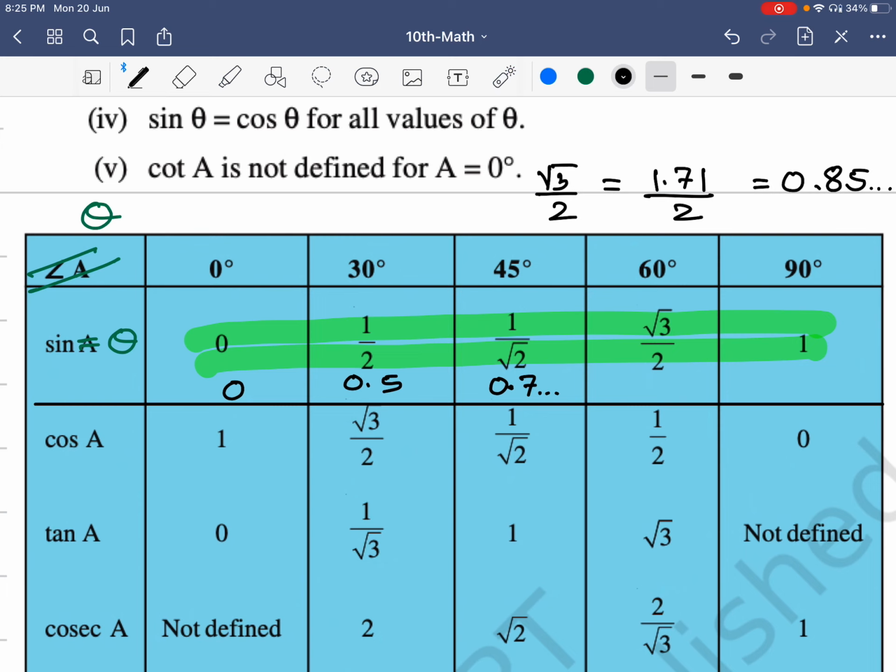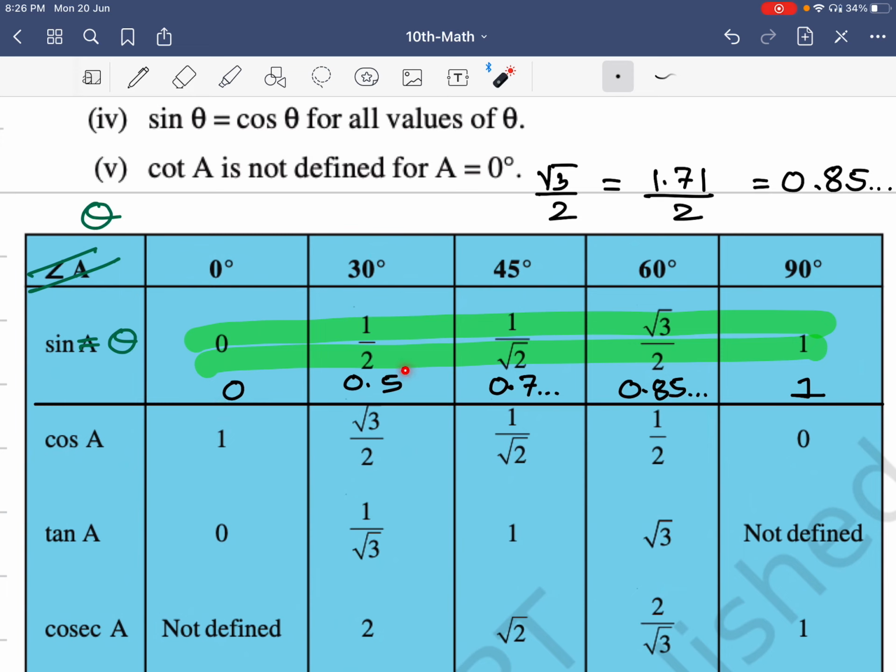From the first decimal digit itself we can conclude. So let me make a note here. This is 0.85 dot dot dot, and this is 1. So yes, clearly we can see that as theta is increasing here, although we have just 5 values of theta, but if you take any random value of theta here, even between 30 40, even between 45 60, even between 60 90, you can see sine of theta will be increasing.